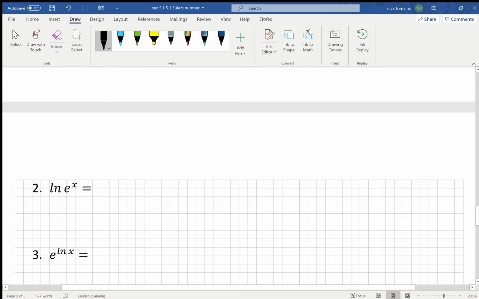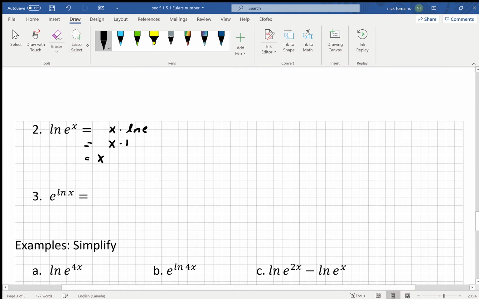Okay, ln of e to the x. If we use our rules, that is x times ln e, which is simply equal to x times 1, which is x. And e to the ln x is equal to simply the exponent part, which is x.